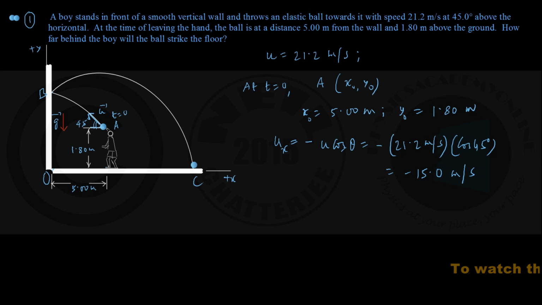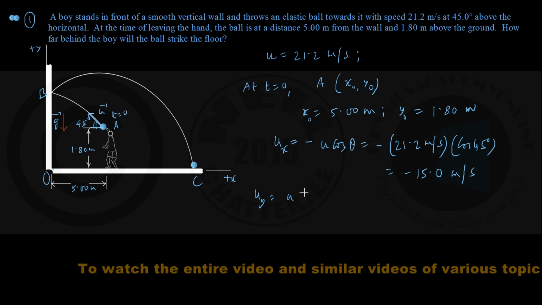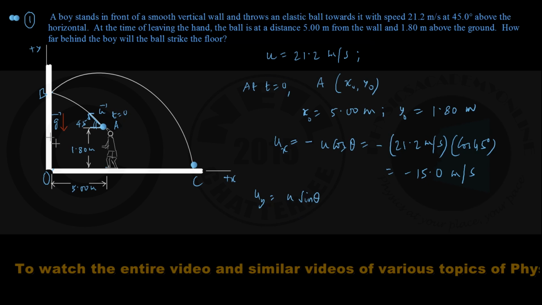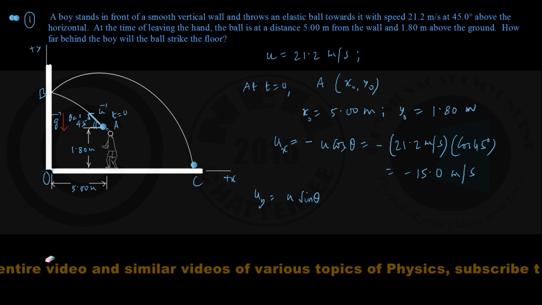Similarly, you can find out the y component of initial velocity vector is pointing vertically upwards in plus y direction, therefore positive, and given by the formula u sine theta. Well, I'm calling this angle 45 degree, that is angle theta, of course.